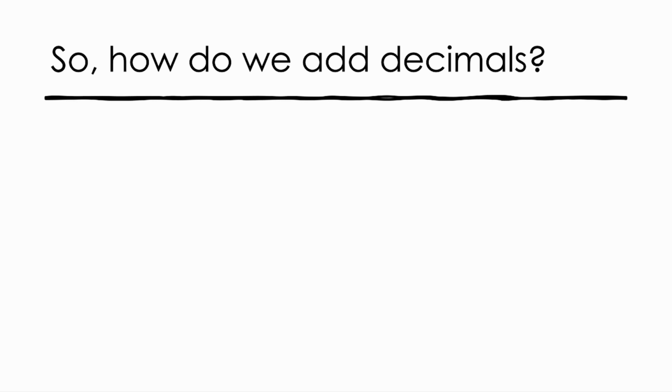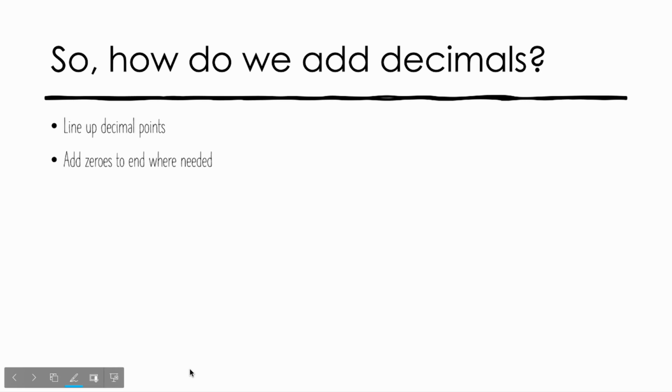So how do we add decimals? Let's start with this. First of all, we need to line up our decimal points. And I'll show you why this is important in the next slide. Then we need to add zeros to the end, if needed, where needed. Again, I'll elaborate on this in the next slide.